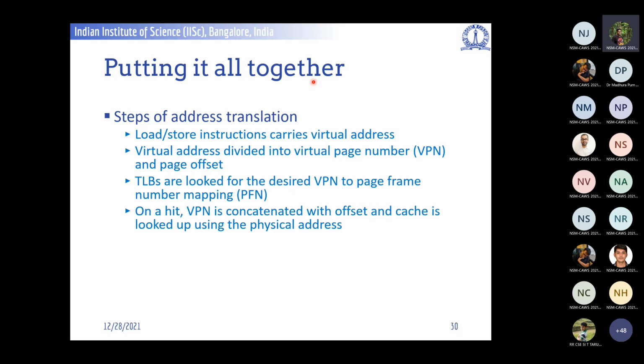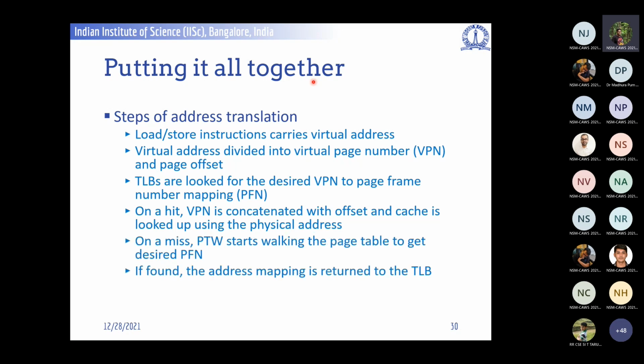On a hit, life is good. You don't have to do the actual address translation through the page table. You get the page frame number, concatenate it with the offset, and you get the physical address, and you use that to look up, say, the caches.